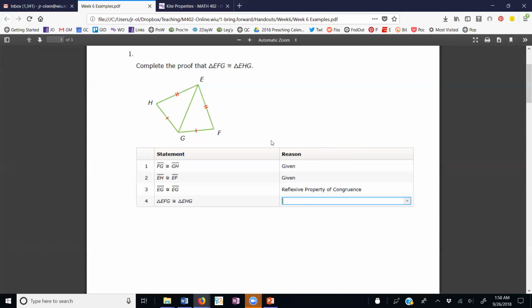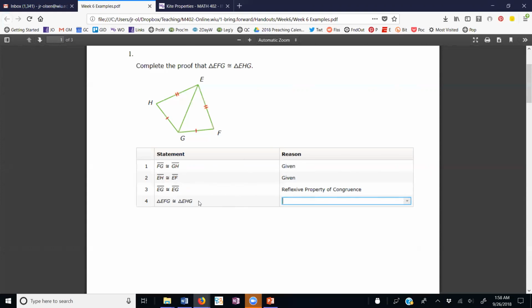This is a 2-column proof. We do want to state the givens. Here's my first piece of given information. Here's my second piece of given information, and the reason is that that was given. Segment EG is congruent to segment EG. That's a reflexive property of congruence.